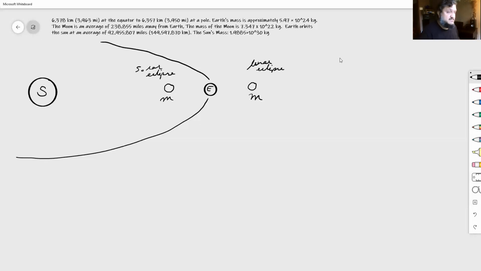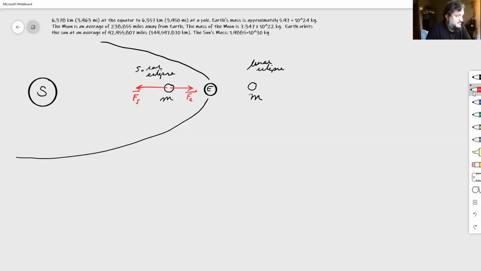Okay, what is the force on the moon? We're ignoring other planets and galaxies, everything, just these three that we have to take into account. So the moon will be attracted towards the sun, of course. Let's call it Fs. But on the other hand, Earth is also attracting the moon, Fe.